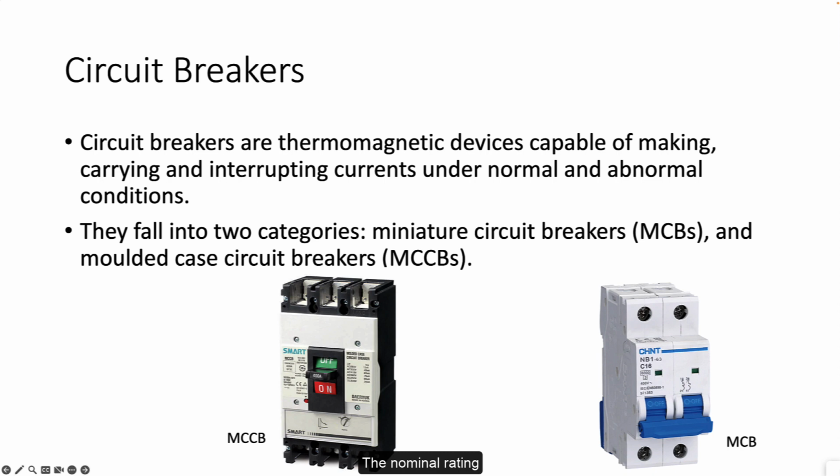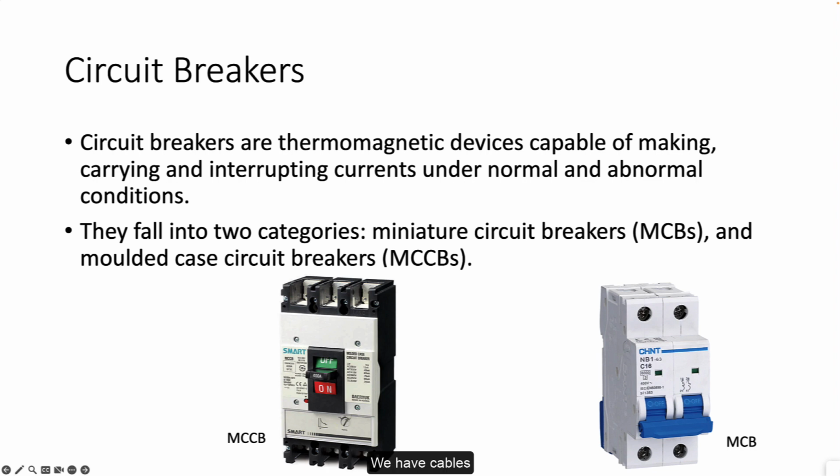The nominal rating of circuit breakers, denoted by the symbol I subscript N, relates to the continuous service under specified installation conditions. This means that the nominal rating represents the maximum continuous current that the circuit breaker is designed to handle under normal operating conditions without tripping.